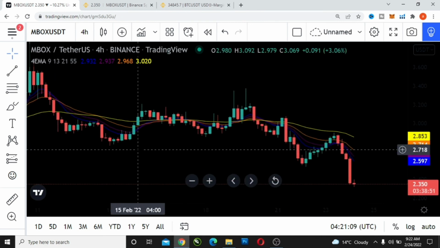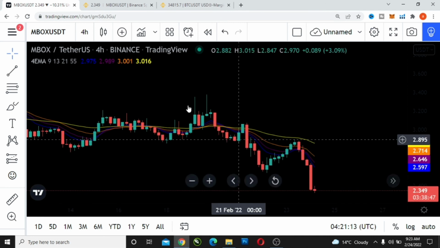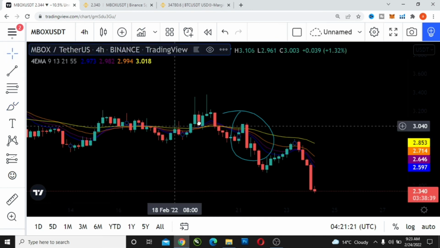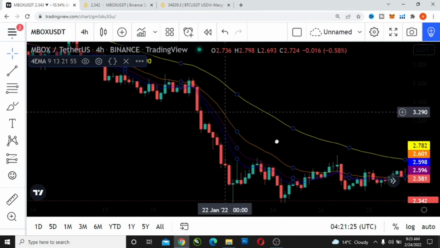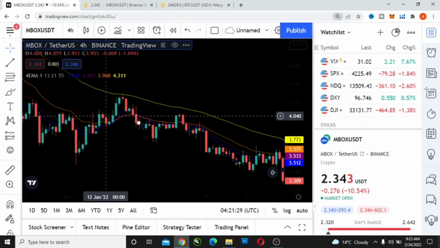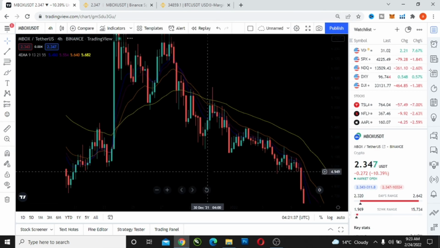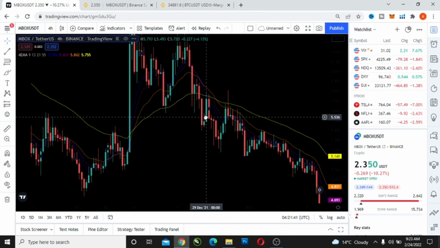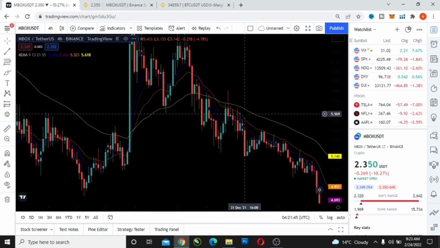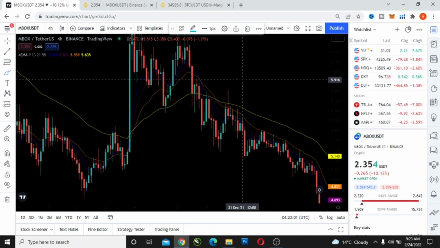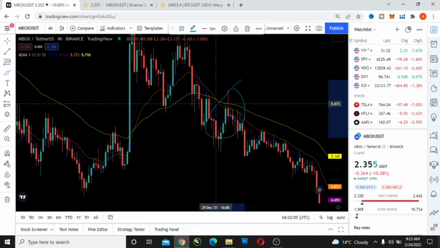But whenever a crossover occurs above the graph, just like this, or maybe if I can show you another clear example, yes, as you can see, again there is a crossover above the graph, and you can see that a downtrend has started.